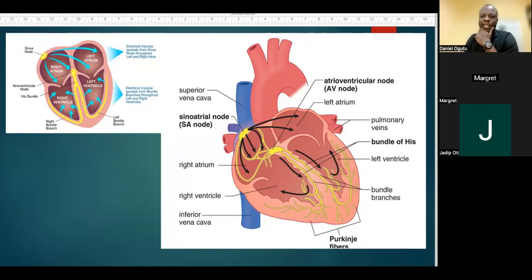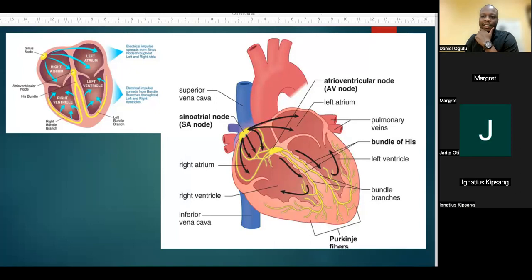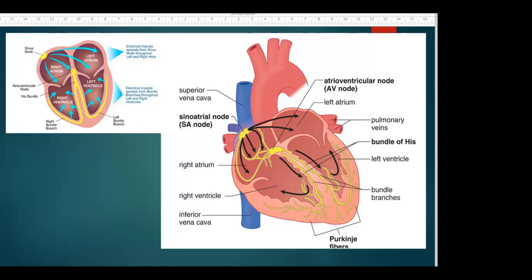What's the consequence? Acute heart failure. A what failure? Acute heart failure secondary to decreased ventricular function. Okay, so when the ventricular function decreases, what do we expect on the periphery?